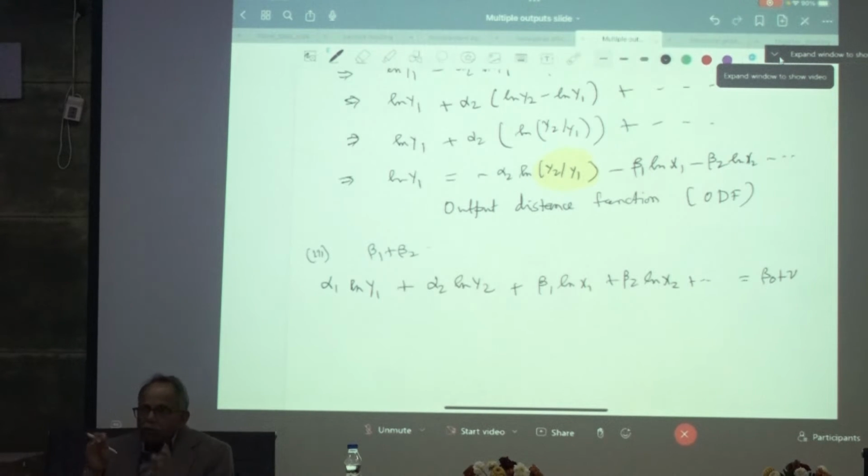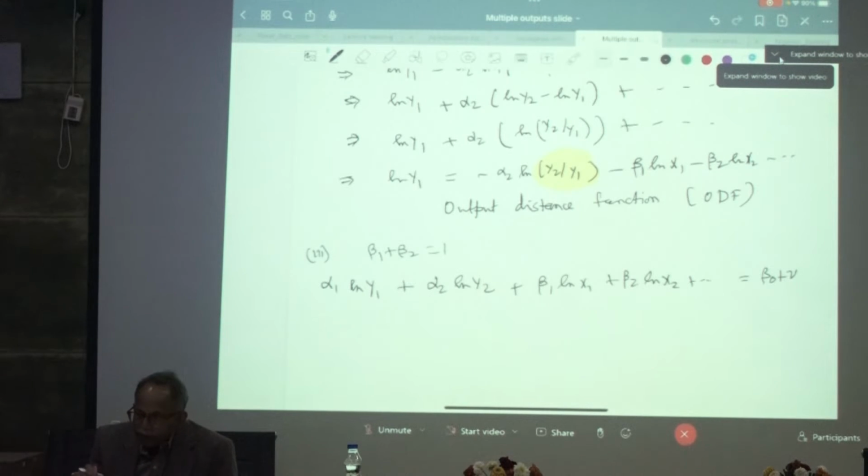Remember I told you that there is one extra parameter and you have to get rid of that in some way. So right now I'm just saying, let's assume the sum of the betas, or sum of the input elasticities, is equal to 1. If you have 2, that's fine. If you have 3, no problem. Any number of x can be there. All you do is sum of beta j equal to 1 if there are more than 2.